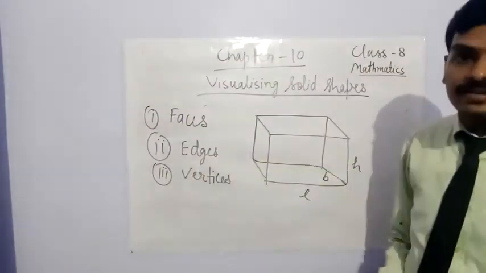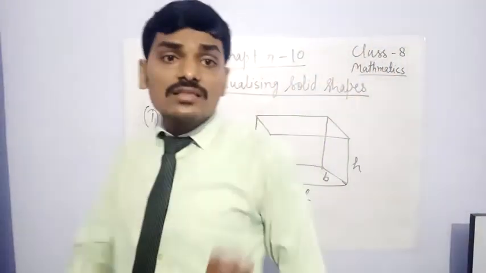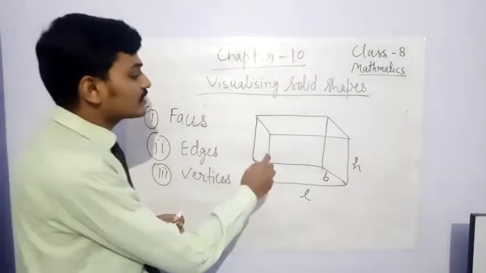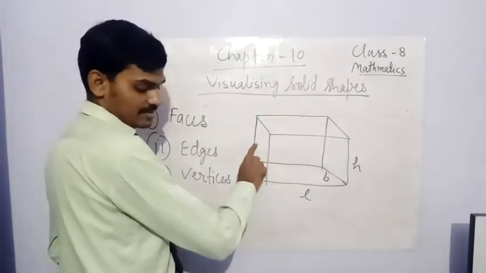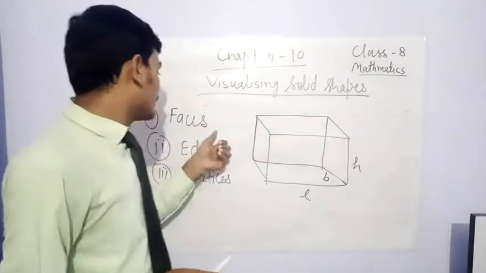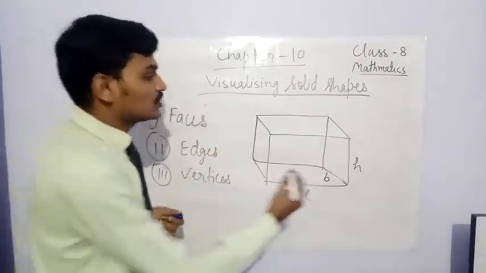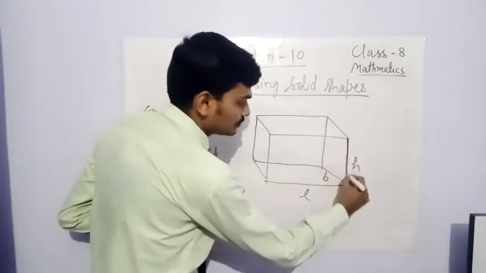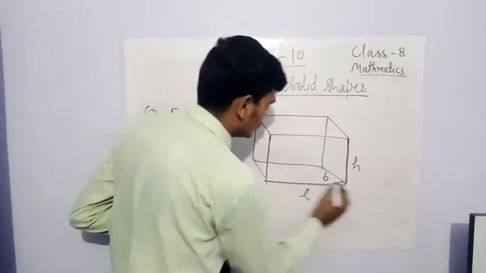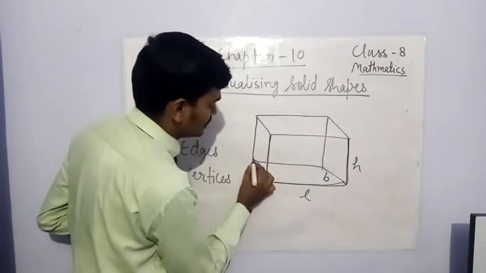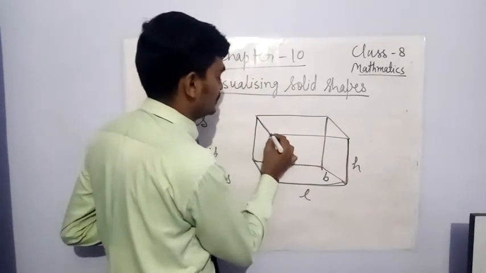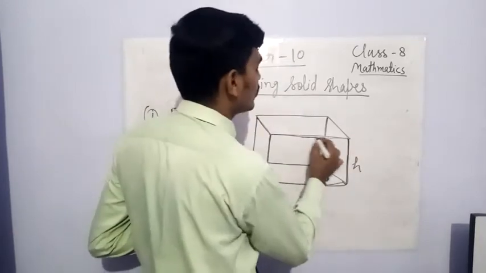Now what are the edges? Where the faces meet is known as the edges. In this case, one face is here, another face is here, and the meeting line of the faces is known as the edge. This is an edge, this is also an edge, this is also an edge.